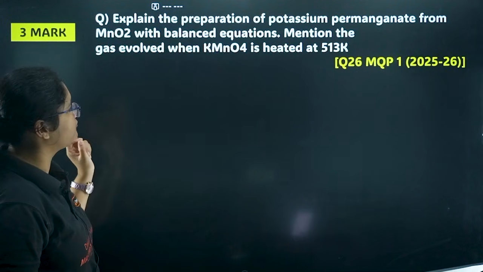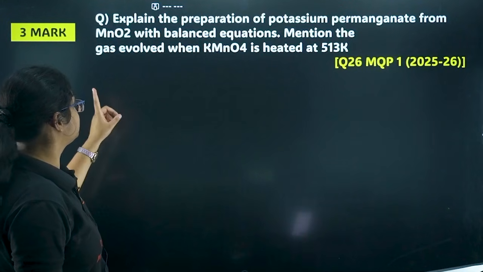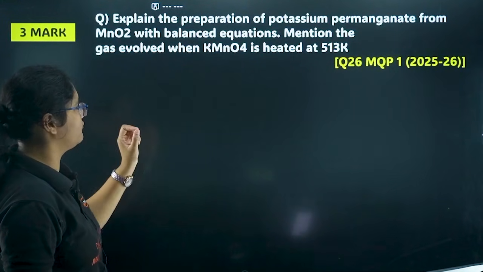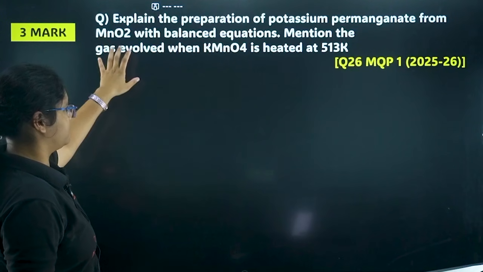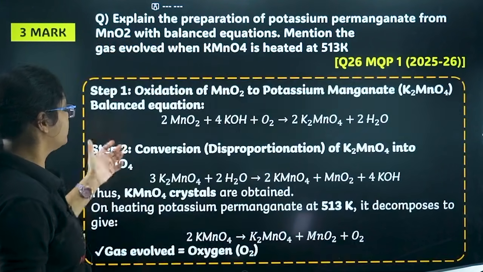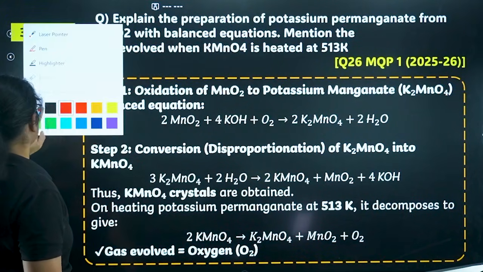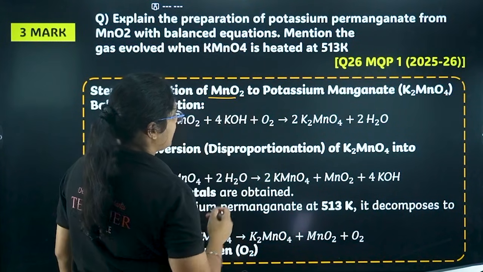Explain the preparation of potassium permanganate from MnO2 with balanced equation. Mention the gas evolved when KMnO4 is heated at 513 Kelvin. Okay, so first you have to find the preparation of KMnO4. See, oxidation of MnO2 to potassium manganate, K2MnO4, takes place.